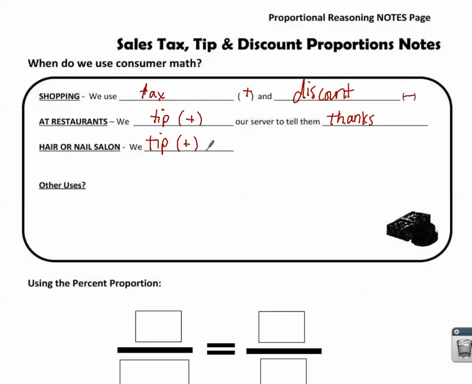So this is going to increase our price. Think of some other places that you get discounts or tax or tip that will change the amount that you pay. List them here under other uses.